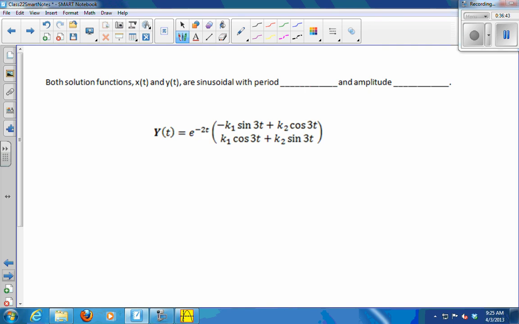Yeah. So the period of a sinusoidal function is generally 2 pi over b, and b is the coefficient on t. That's the argument of the sine or the cosine. So in our case, it would be 2 pi over 3. Sorry, it's 2 pi over b.